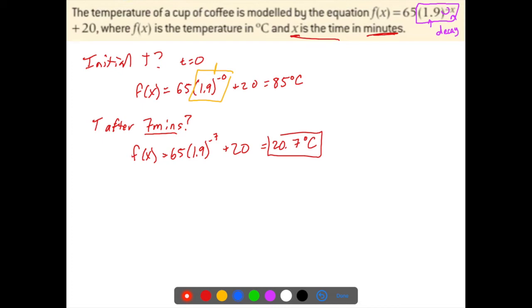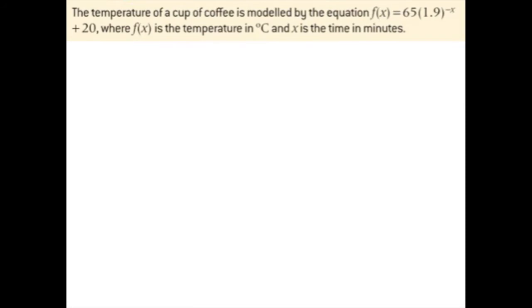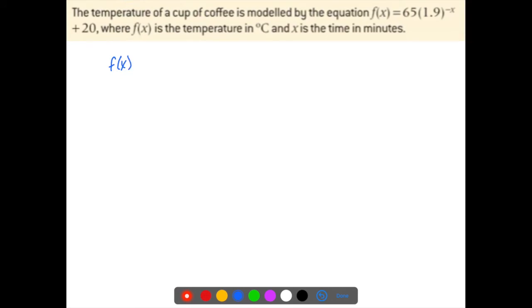How about this one? This is an interesting question. What is the temperature in the room? So if it's f of x equals 65 times 1.9 to the negative x plus 20, the question is, what is the temperature in the room? Now this one you might have to think a little bit deeper.